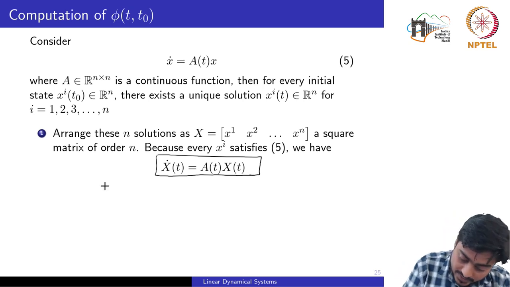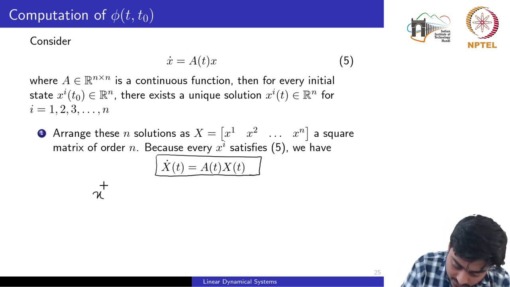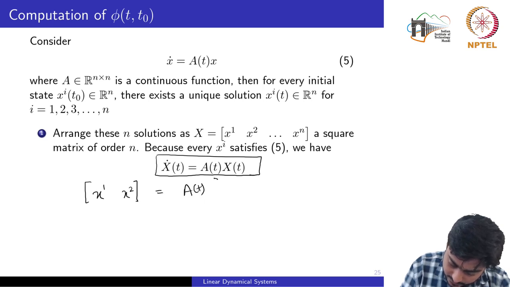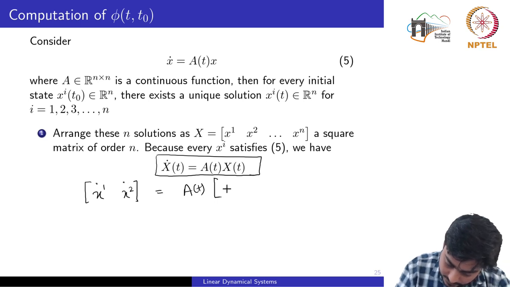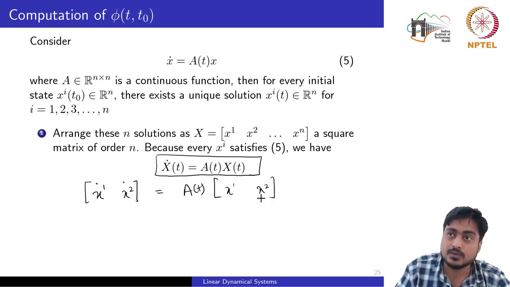So we can see, for example, let's say just consider the case of only two initial conditions. So this I could write A of t, this would be a derivative, then x2.